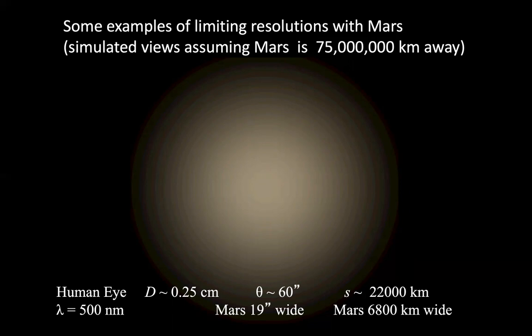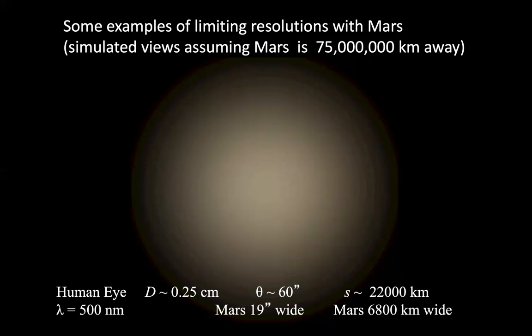Now, you can do better using optical instruments, which have larger diameter apertures. The next most logical thing is a pair of binoculars. Binoculars typically have an aperture that's maybe 5 to 10 centimeters across, so maybe 10 times the size of the pupils in your eye.